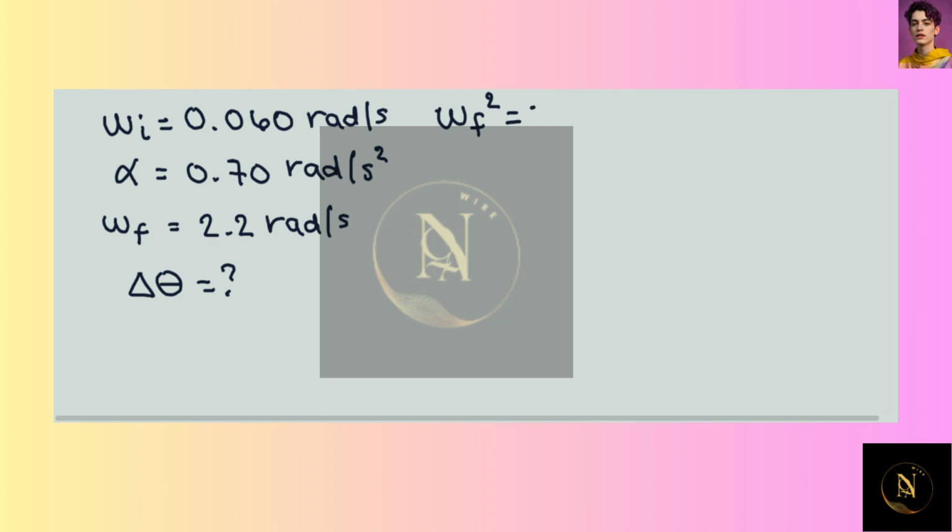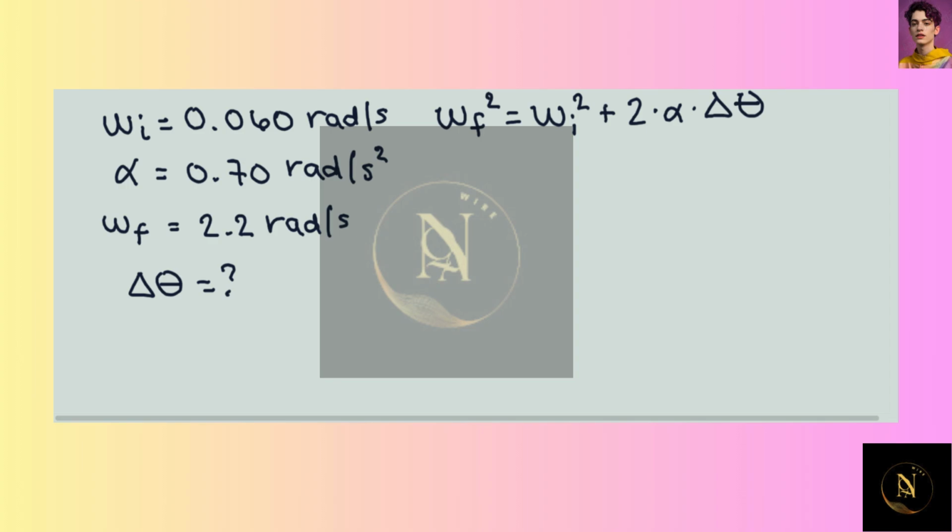We begin by writing down one of our equations for the rotational motion of a rigid object. We have the final angular velocity squared equals the initial angular velocity squared plus 2 times the angular acceleration times delta theta, which is the change in the initial and final angles.